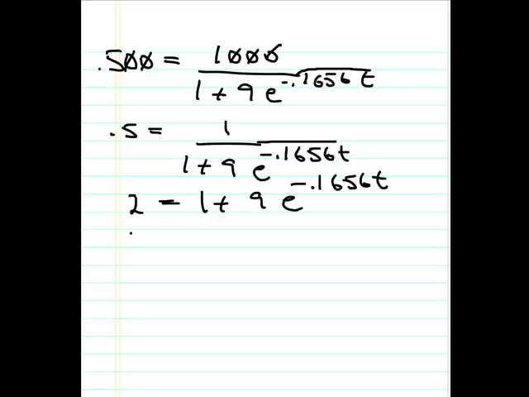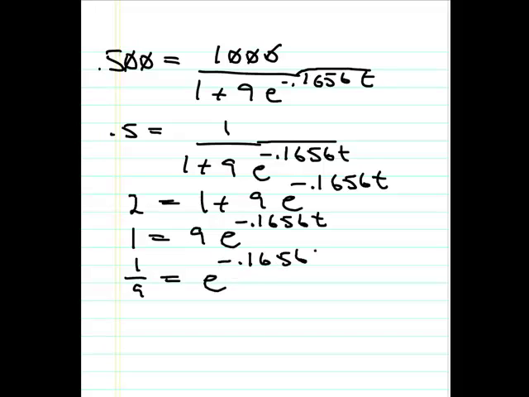We're going to subtract 1 from both sides. We're going to now divide both sides by 9. Again, we want to isolate the term involving the e so we can take the natural log of both sides. So the natural log of 1/9 is equal to minus 0.1656 times t.